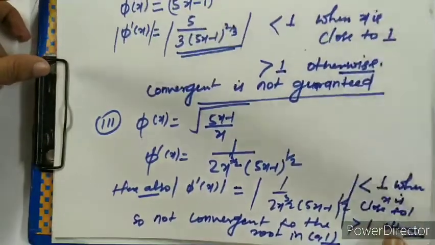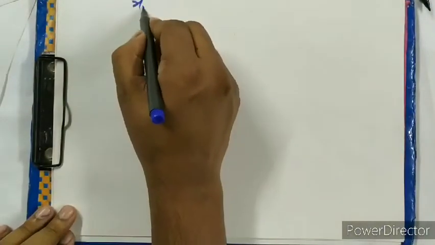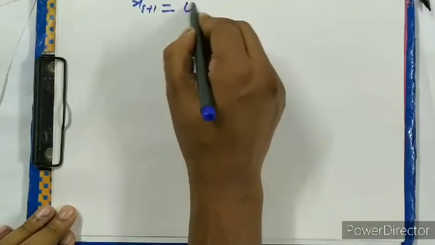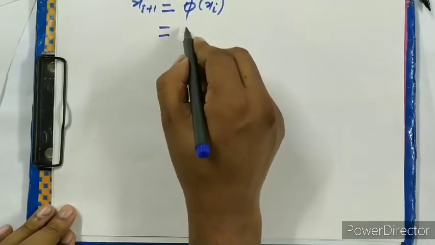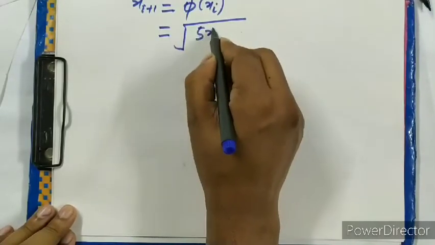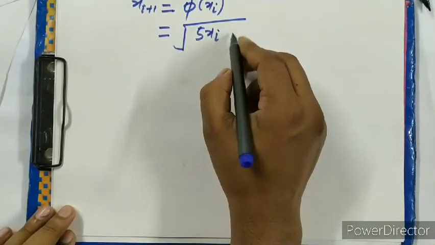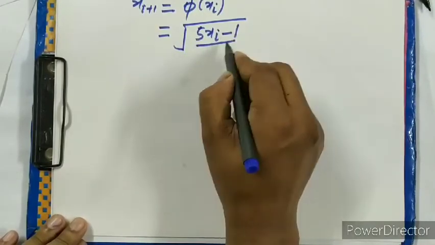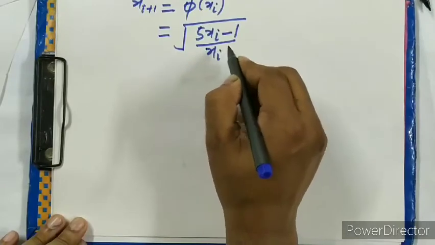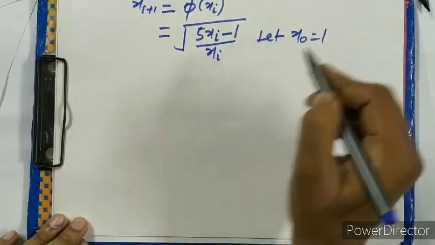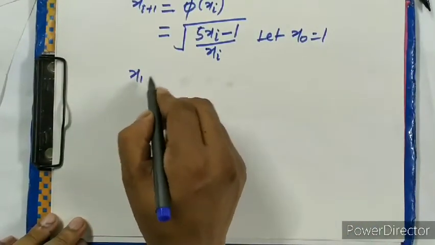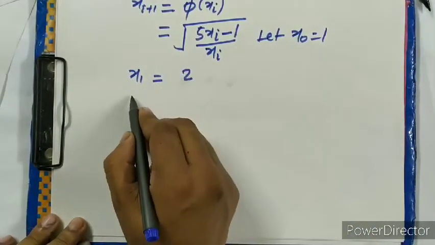Okay, let me check whether it is convergent or not. So what is our formula? x i plus 1 is equal to phi of x i, which is (5 x i minus 1) divided by x i. Here also let the initial approximation be equal to 1. Then x1 is equal to 2.